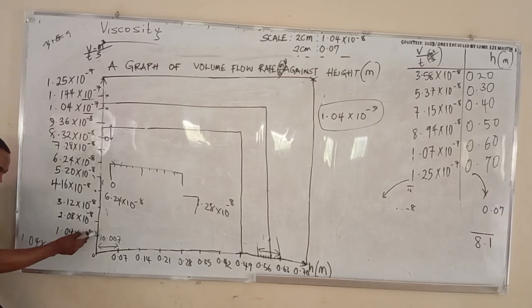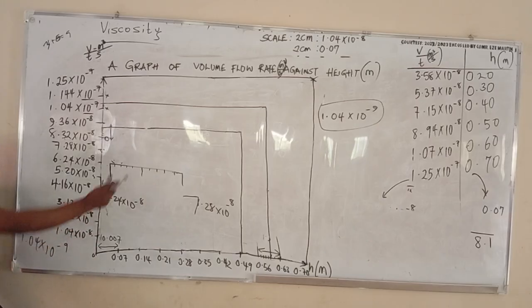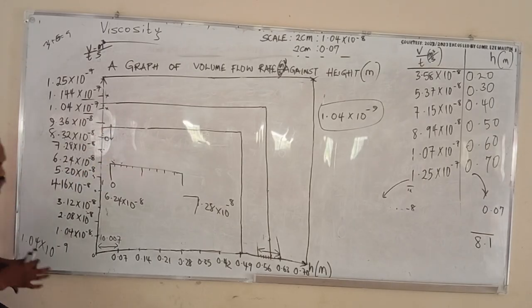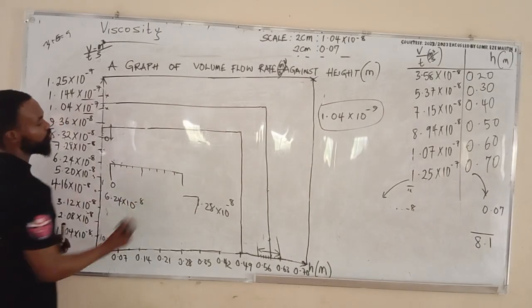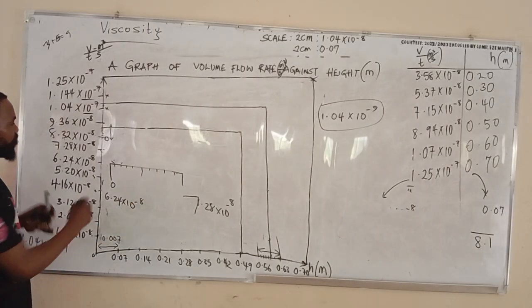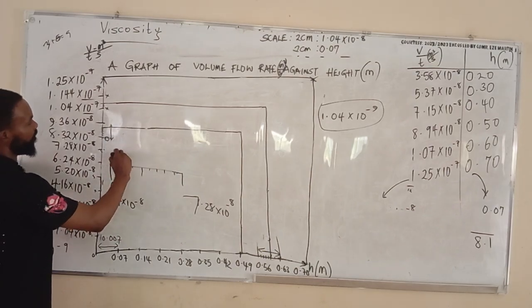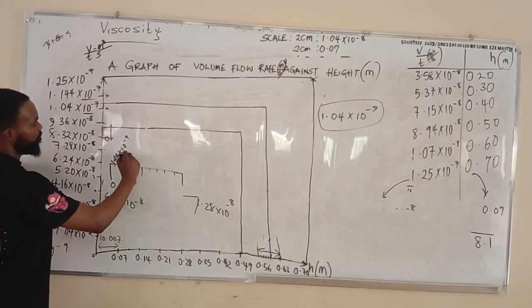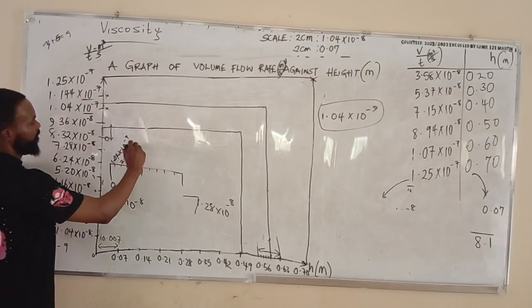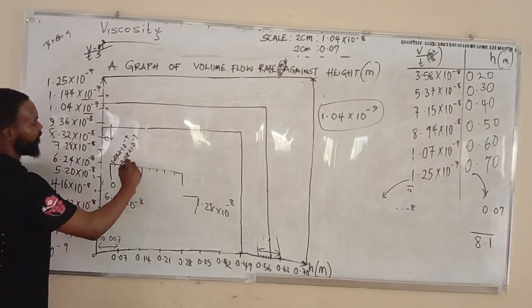So we are saying if from here to here there are 10 boxes inside, if you divide this by 10, we get that. Please always ask your question, so you don't go home and say you did not follow. I want you to always understand. That's the truth. So 1.04 times 10 raised to the power minus 9. Then I have 2.0. Please check for me, am I correct? What about this one?